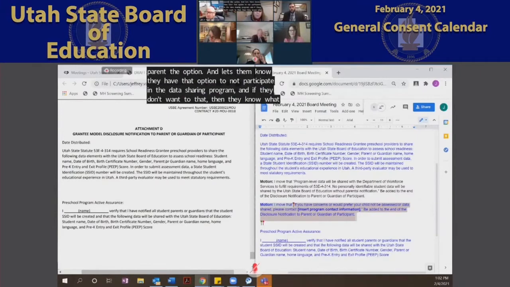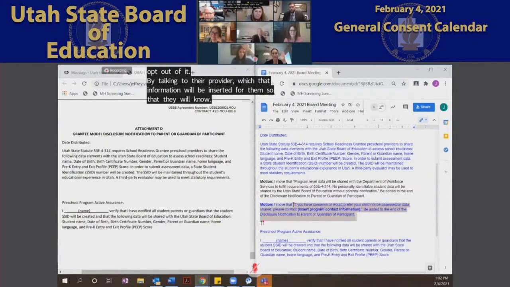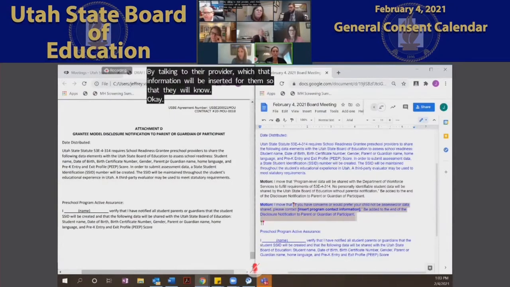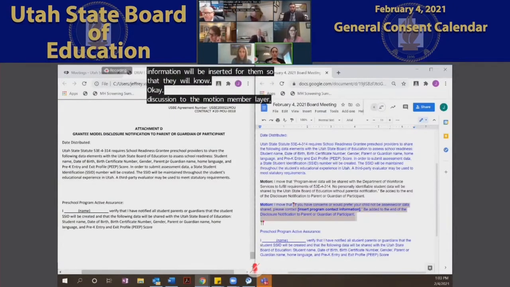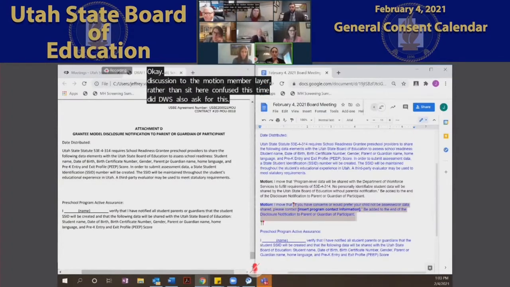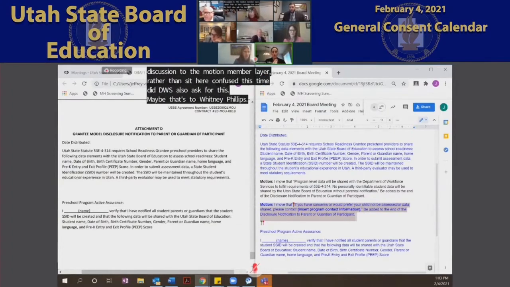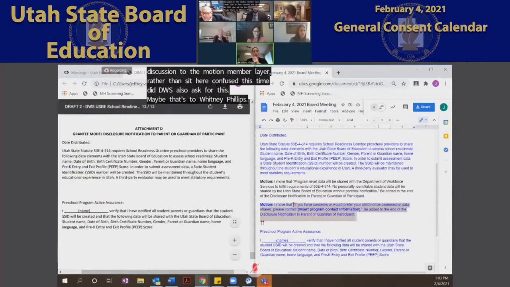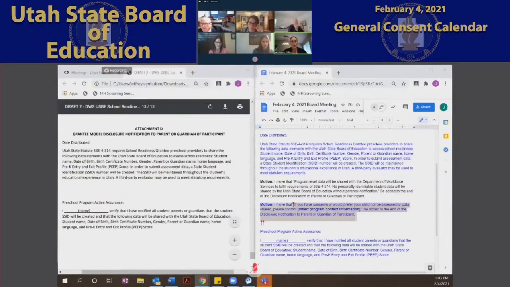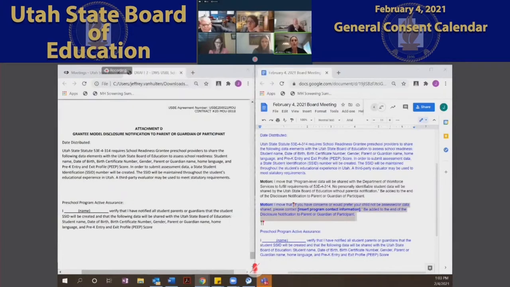Rather than sit here confused this time, did DWS also ask for this? Maybe that's to Whitney. Whitney Phillips, will you please? Hey, Whitney Phillips. No, the legislature made it very clear that it expects us to conduct this program for preschool programs. And in the code, they mentioned that the PEEP and the KEEP are not opt-outable. That means that they are not a part of the parent exclusion form like the RISE state assessment is.